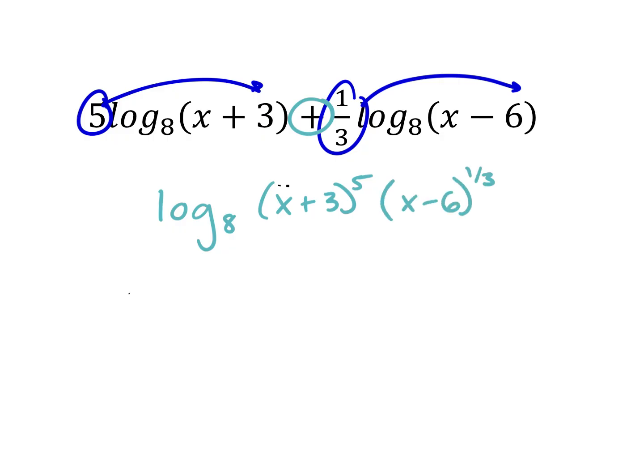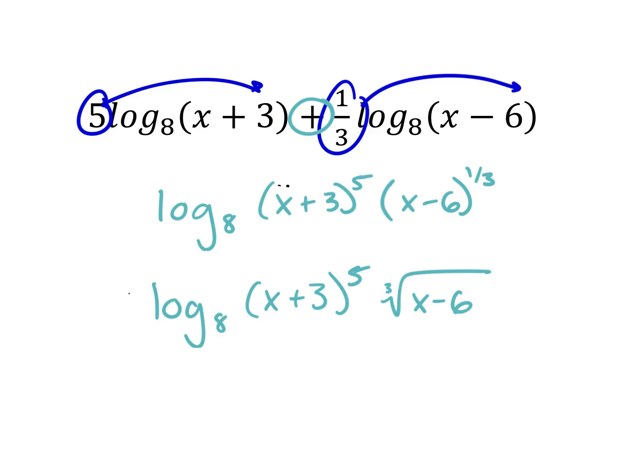Now, it might be written as the 1/3 power. It also could be written as the cubed root. So you could see it as log base 8 of x plus 3 to the 5th power, and then the cubed root of x minus 6. Again, it's multiple choice. Just see which one matches the right answer.